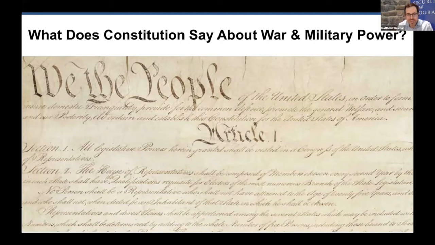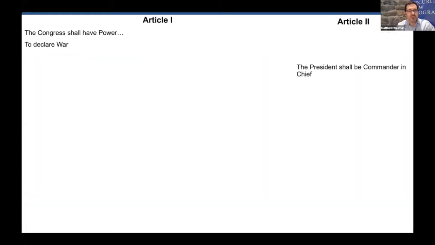And so on both sides of that debate, thinking about constitutional war powers was very much about domestic governance, not just a foreign policy problem. So as we move on to what the Constitution actually says about war and military power, most of you are probably familiar with this allocation of power.